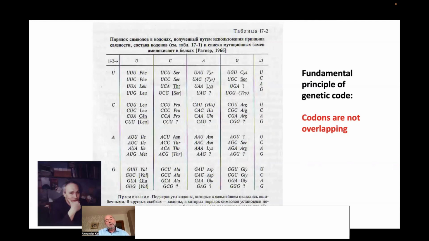It was fully theoretically predicted. Just a side remark. But the major thing found in the genetic code, the fundamental principle, is that codons, when they encode the gene, don't overlap. They go one after another, like in a text.